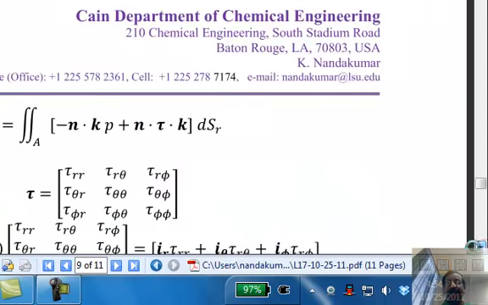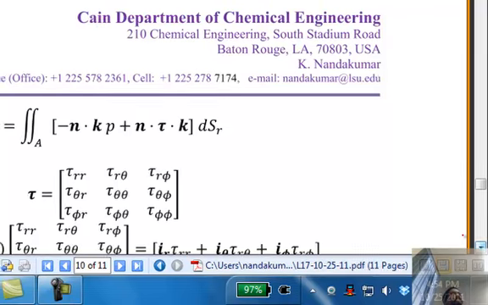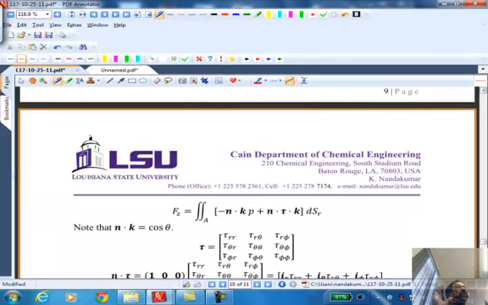Any other questions? Okay, so we are now ready to evaluate that force component in the Z direction. How do we do it? We take the expression for T, which I just did before.